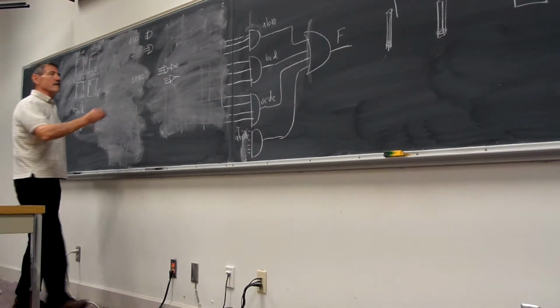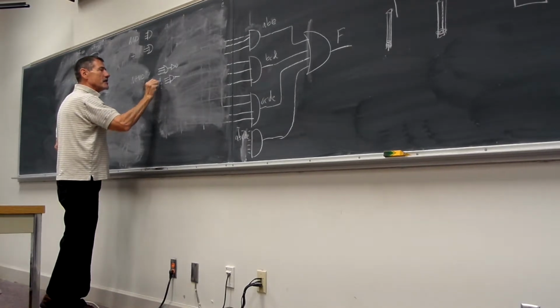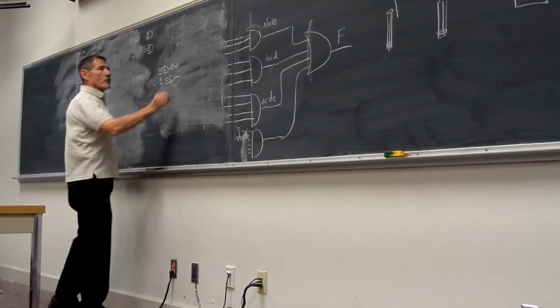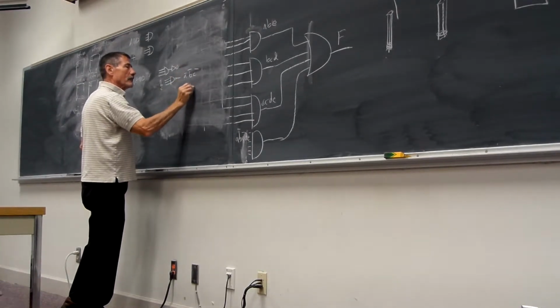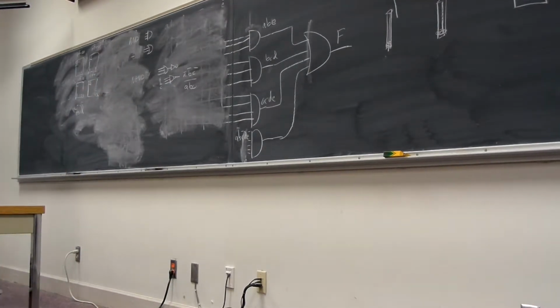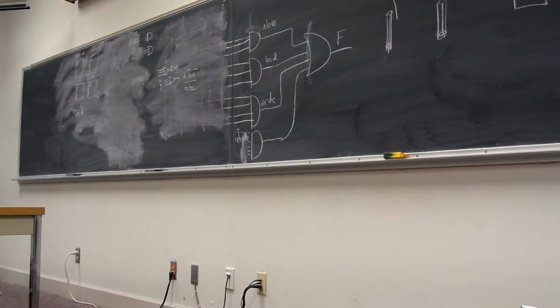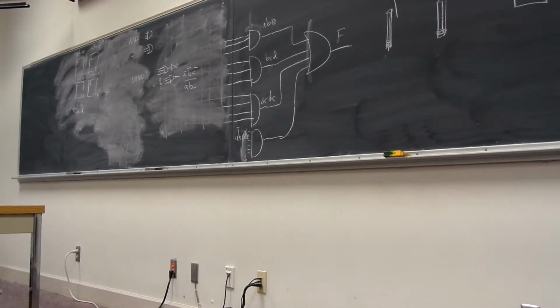So if this is A, B, C, what is that equal to? I'll give you some choices here. We'll make it binary since that's what this class is about. Which is the correct answer? You do your ANDing, then you negate the output.